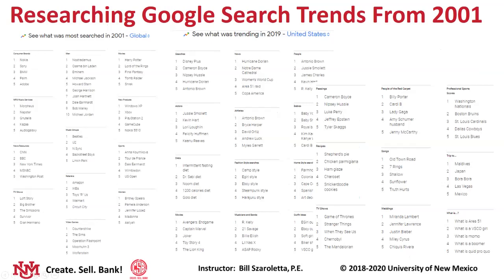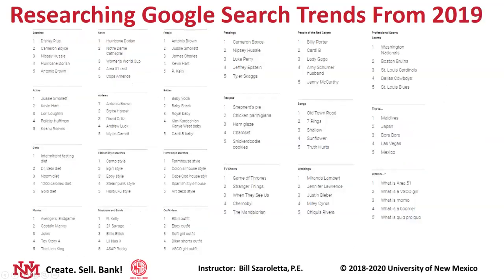In 2001, you've got consumer brands, Nokia, Sony, BMW, I think that's Payme, and Adobe. And you can just see, and I've got a better view of 2019. So here's what that looks like.